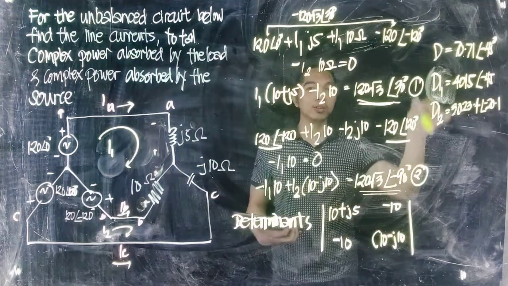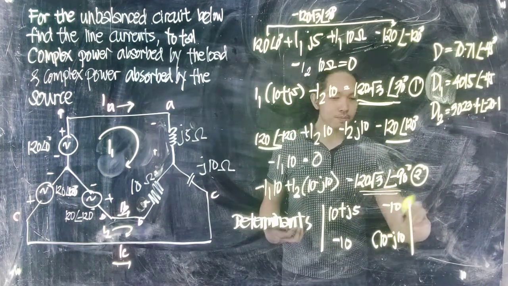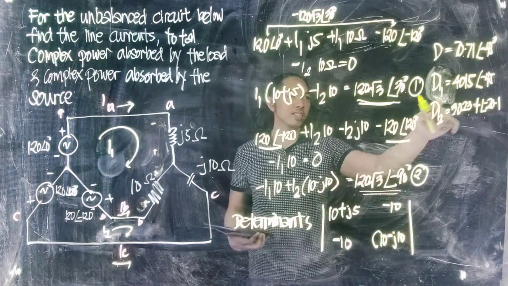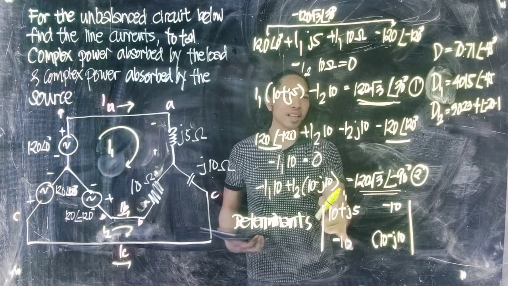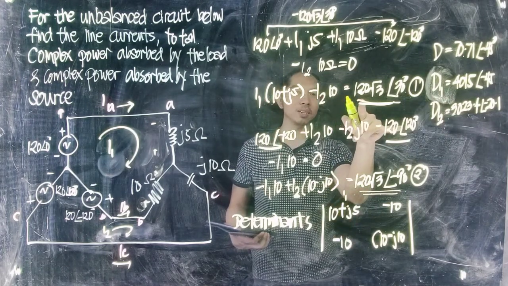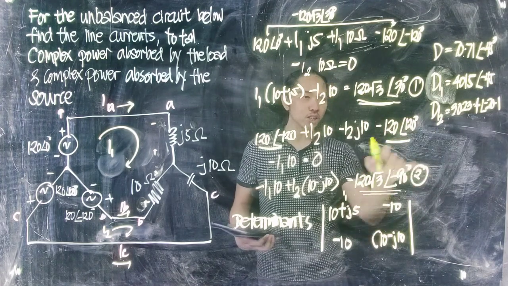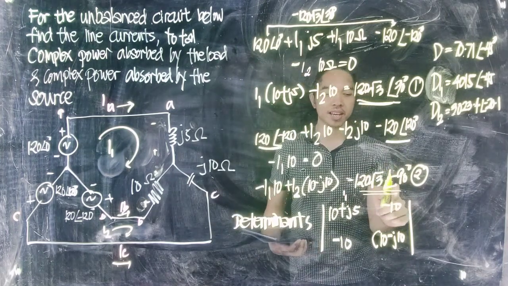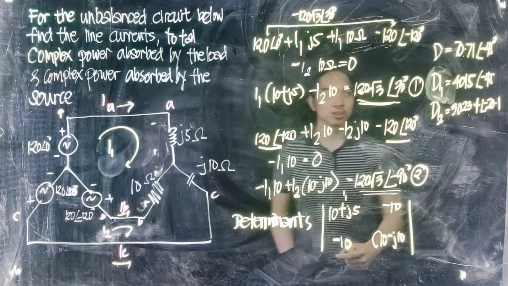Those are our determinant values. How are they solved? Remember, when solving determinants, we replace the column of the unknown with the constants. For I1, we replace the I1 column with the constants of the equations. For DI2, we replace its column with the constants, like the 120 square root of 3 angle of negative 90. Same process for both.